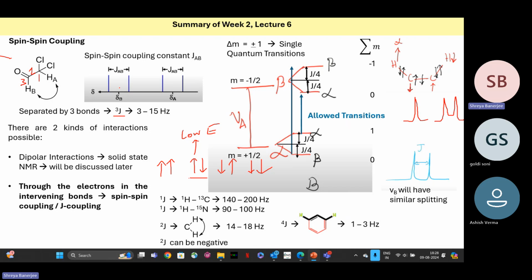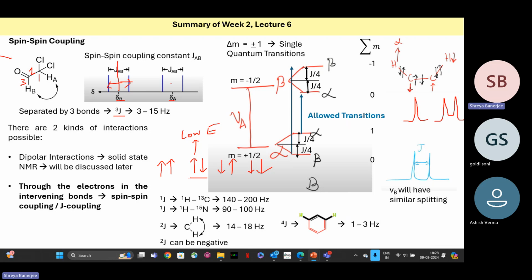Earlier, we were getting a ppm like this at delta B. Now that will split up into two, which are the allowed transitions shown here. Similarly, proton B is getting split by proton A into two parts, one with higher and one with lower chemical shifts.